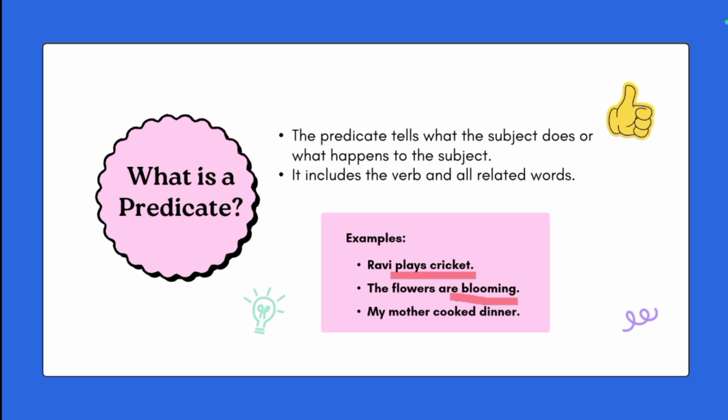My mother cooked dinner. My mother is the subject. What is she doing? She is cooking dinner. So cooked dinner is the predicate. So in all these sentences we have seen the predicate begins with a verb and then it takes along with it all the other words related to it.